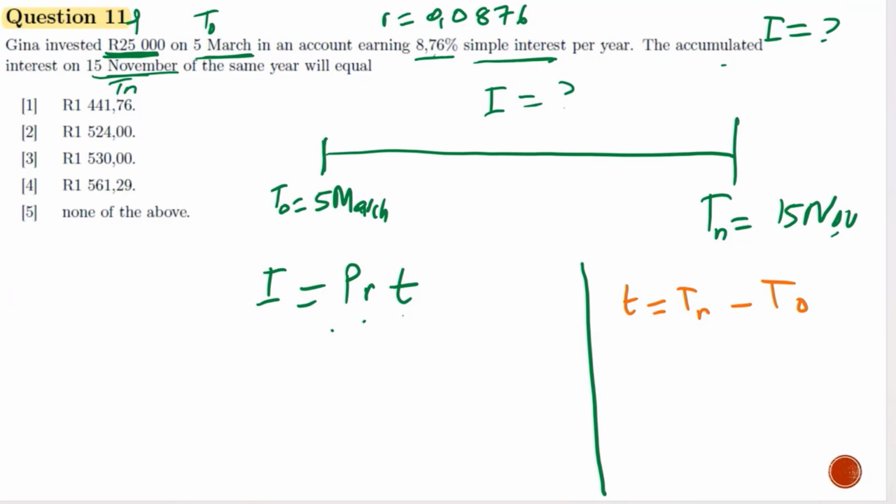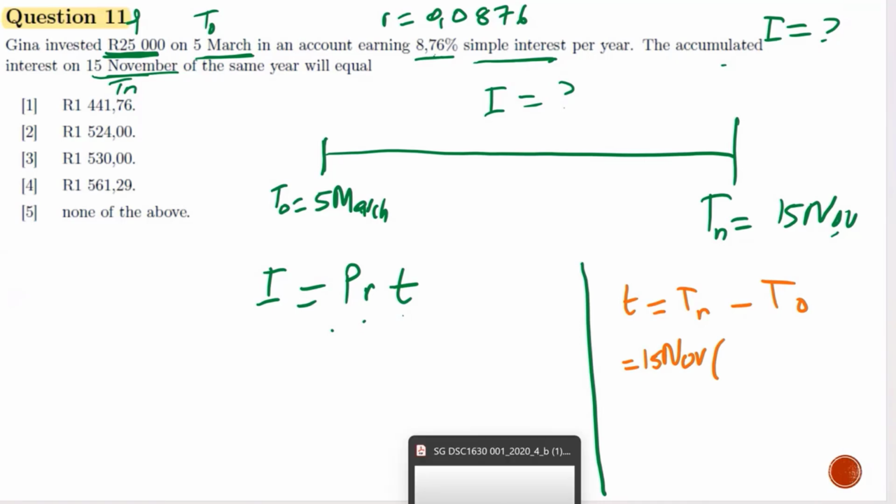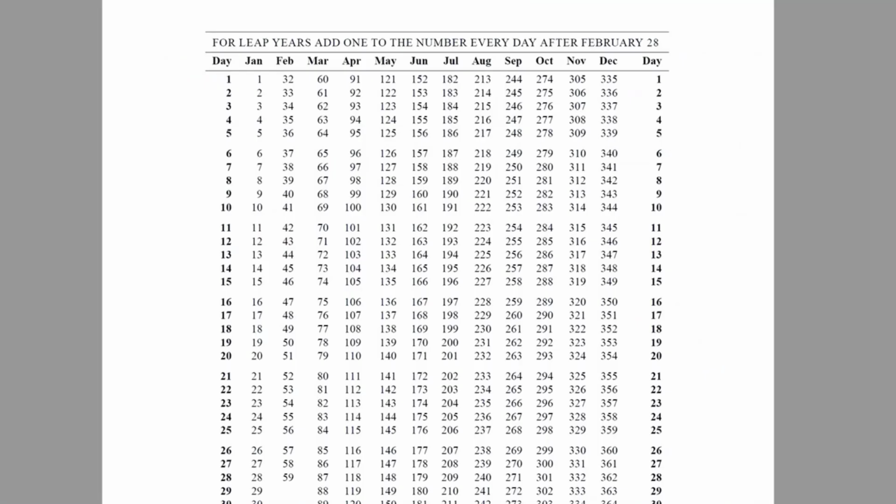So now what you can do is say, I know the 15th is November, use that calendar that is given. Let me go to the calendar which is in your notes. You go to 15th of November, and the day is the 15th, so you've got 319 days.